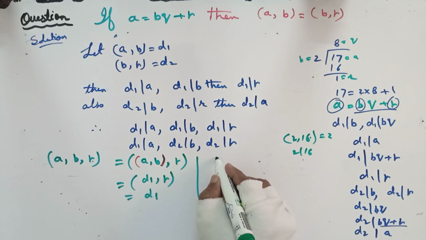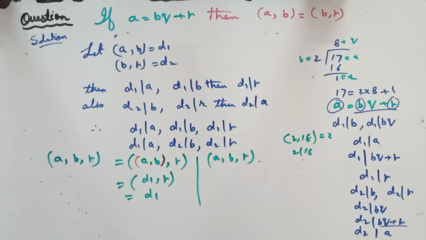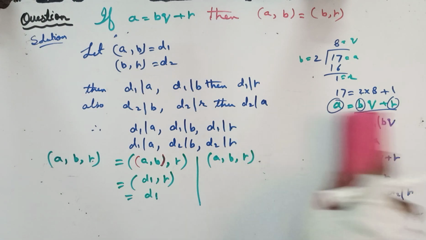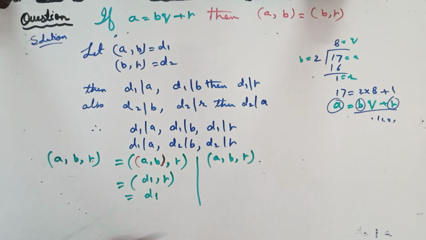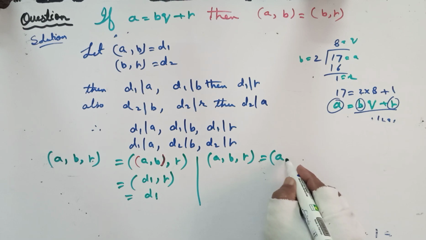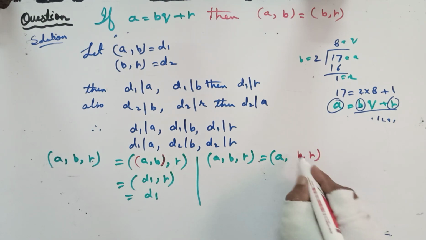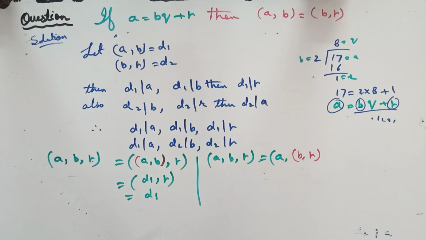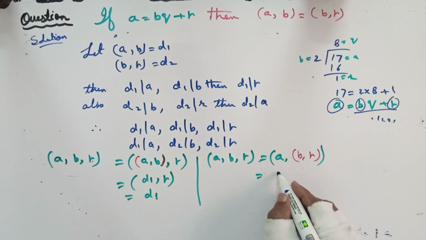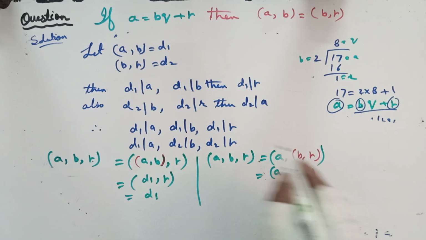Also I consider A, B and R, and the GCD of B and R is D2.